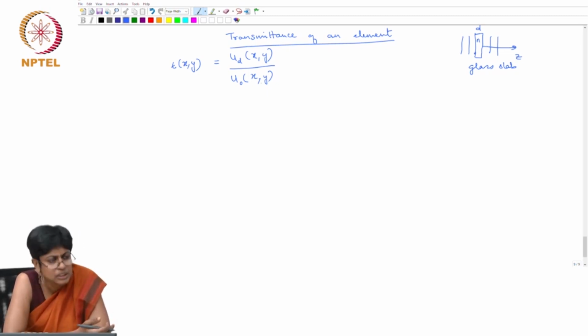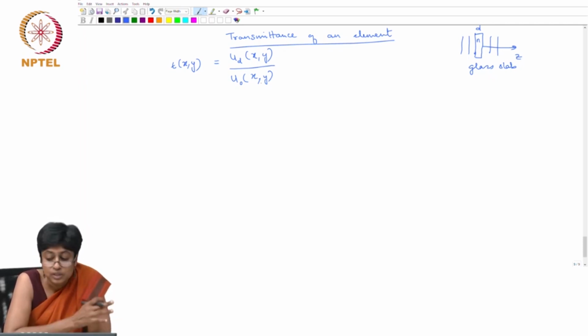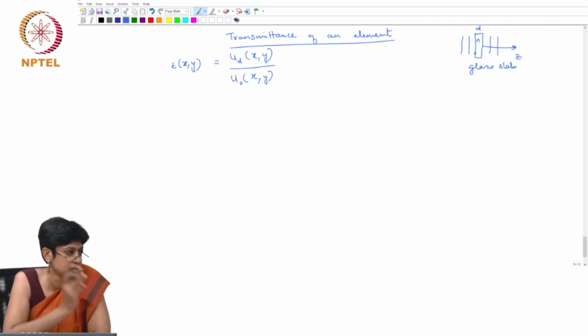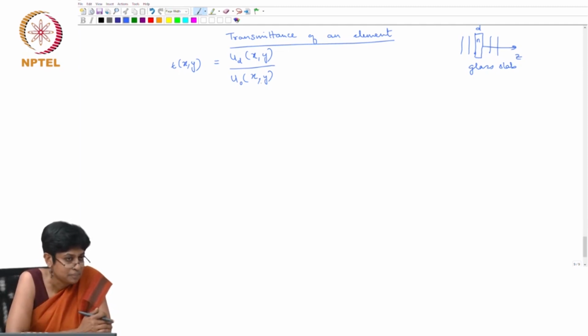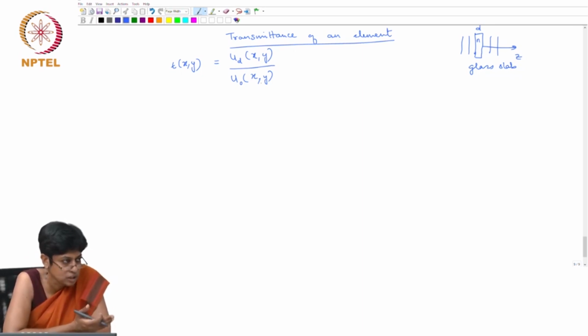We can make the assumption here that this glass is perfectly transparent, so there's no absorption of any kind, and for the purpose of this discussion we will neglect any reflections that occur. So we assume there's no change in amplitude as the wave travels through this element. My element right now is a glass slab of constant thickness, okay? But I am going to assume no amplitude change.